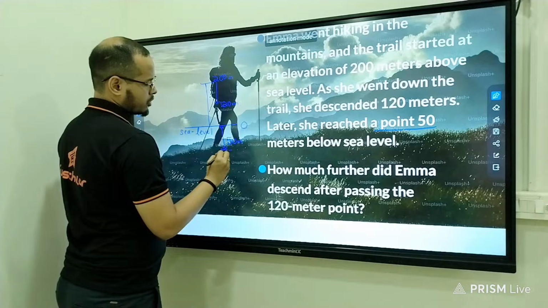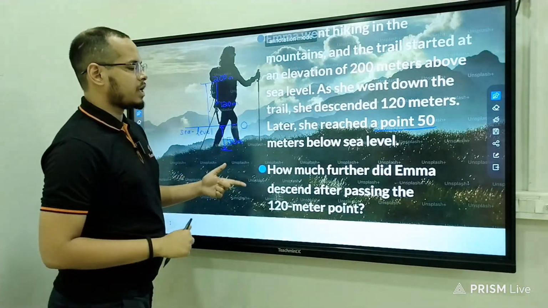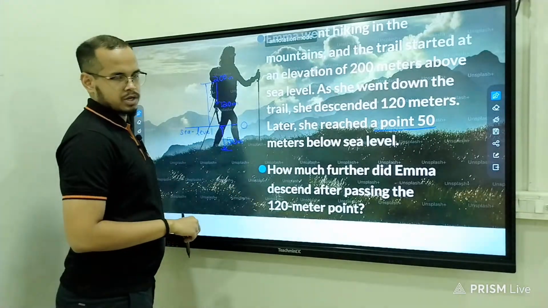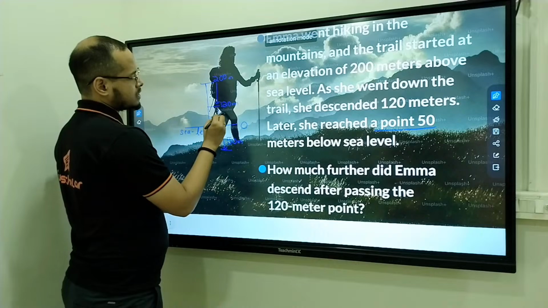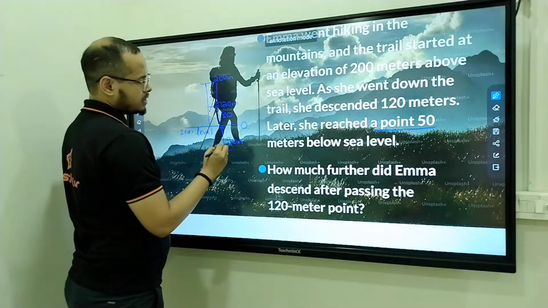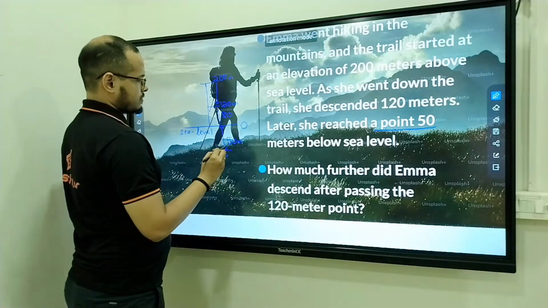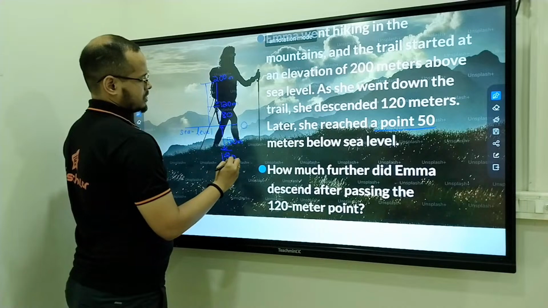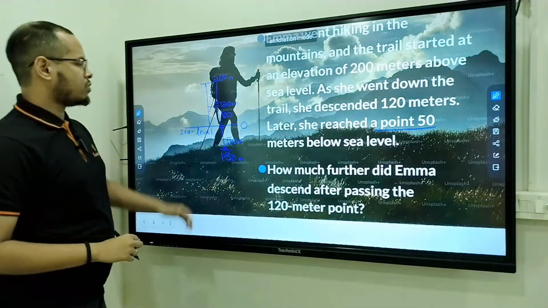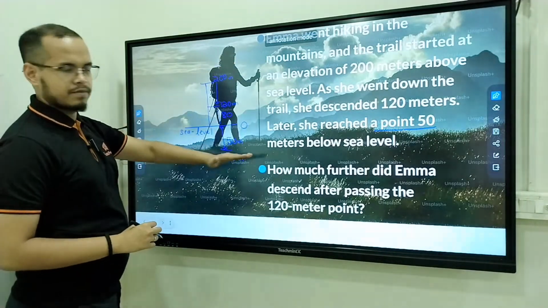This point is nothing but 50 meters below sea level. So how much further did Emma descend after passing the 120-meter point? This is the 120-meter point. What is the remaining distance? This is 80 and this is 50. So 80 plus 50 gives us 130 meters.